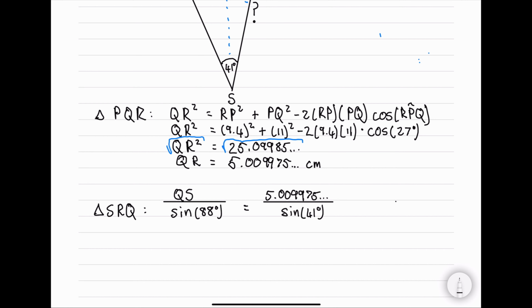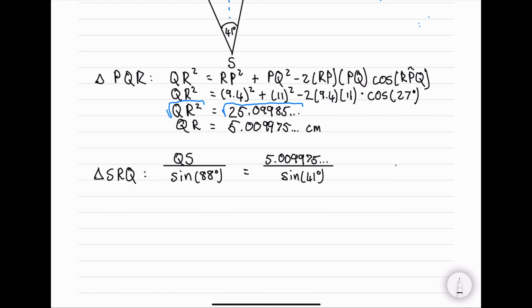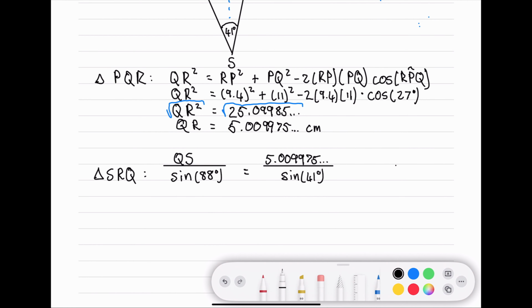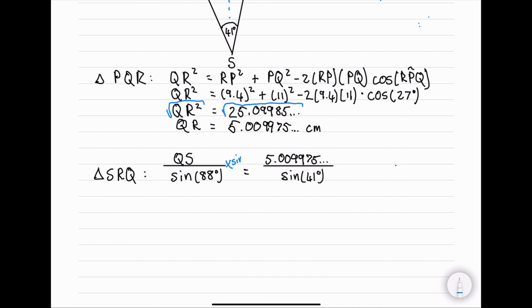And if you can, with all of the decimal points, put it in your calculator's memory and then use it in the following calculations so that it's more accurate. And now, to get QS on its own, you times both sides by sine 88.